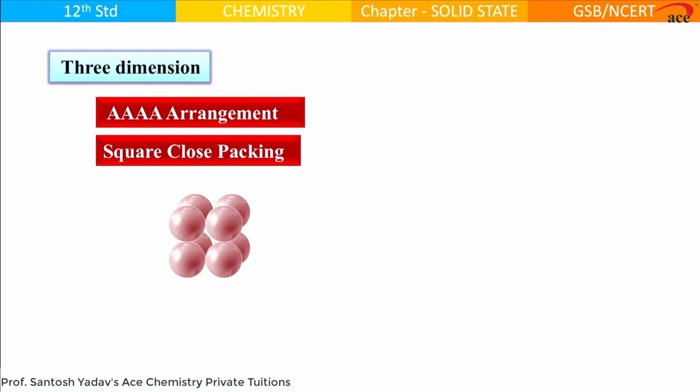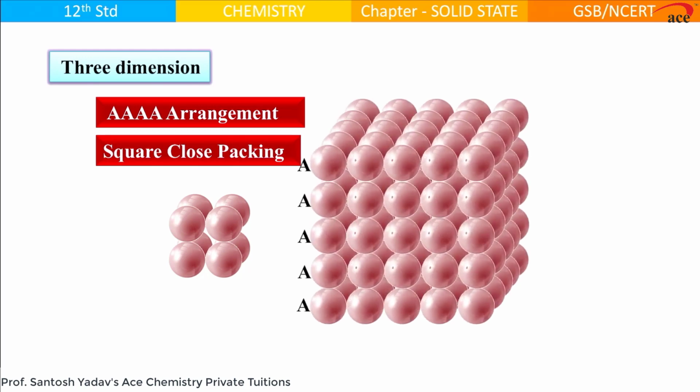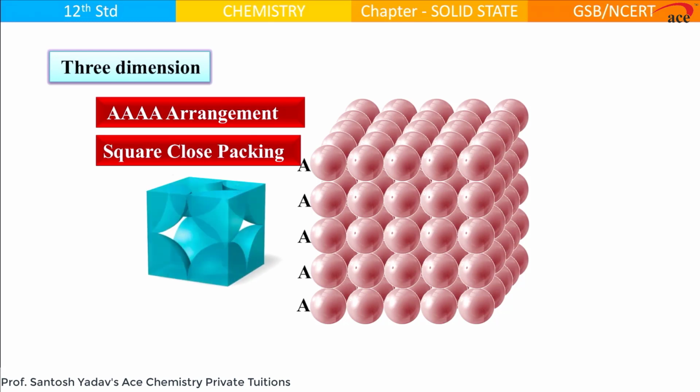Such a type of packing is called as square close packing, or you can say simple cubic close packing, where 8 spheres are making a small unit cell, if you remember. So, simple cubic close packing.